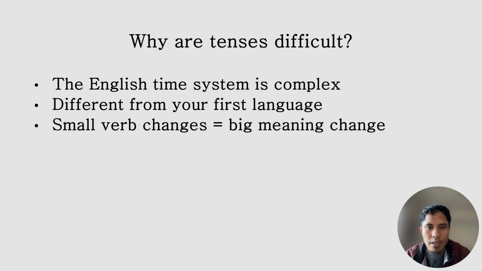For many learners, these small changes are easy to miss, but once we start paying attention to them, it becomes much easier to recognize tense errors and improve our accuracy. Now that we understand why tense errors happen, let's look at some real examples together in the next slide.